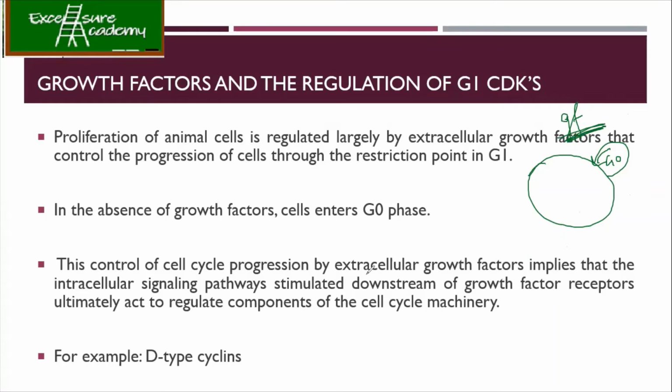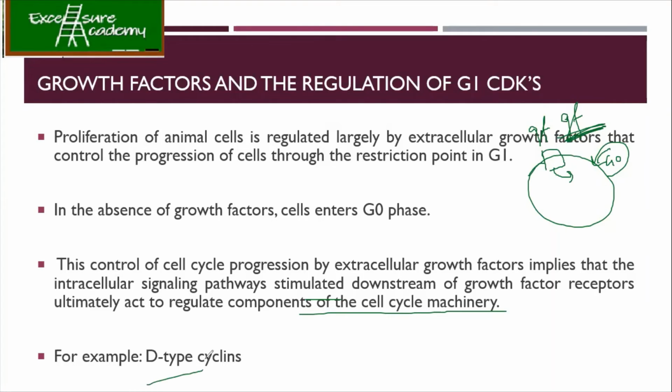the cell enters the different phases. So this control of cell cycle progression by extracellular growth factors implies that intracellular signaling pathways are stimulated downstream of the growth factor receptors, ultimately regulating the components of the cell cycle machinery. The growth factor comes and binds with the receptor, and it activates the downstream cell signaling components, ensuring that the cell undergoes different phases of the cell cycle.